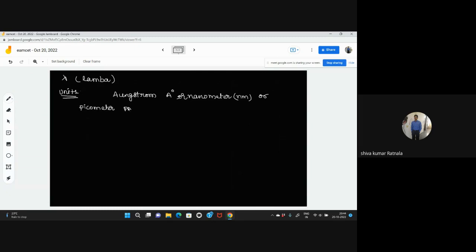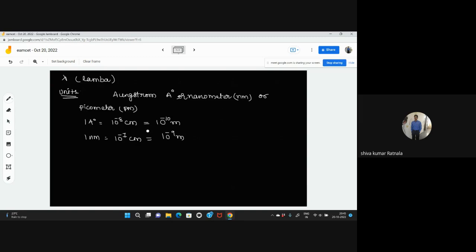Picometer pm. Okay, generally one angstrom unit is equal to 10 to the power of minus 8 centimeters, which is equal to 10 to the power of minus 10 meters. And 1 nanometer equals 10 to the power of minus 9 meters, or 10 to the power of minus 7 centimeters.